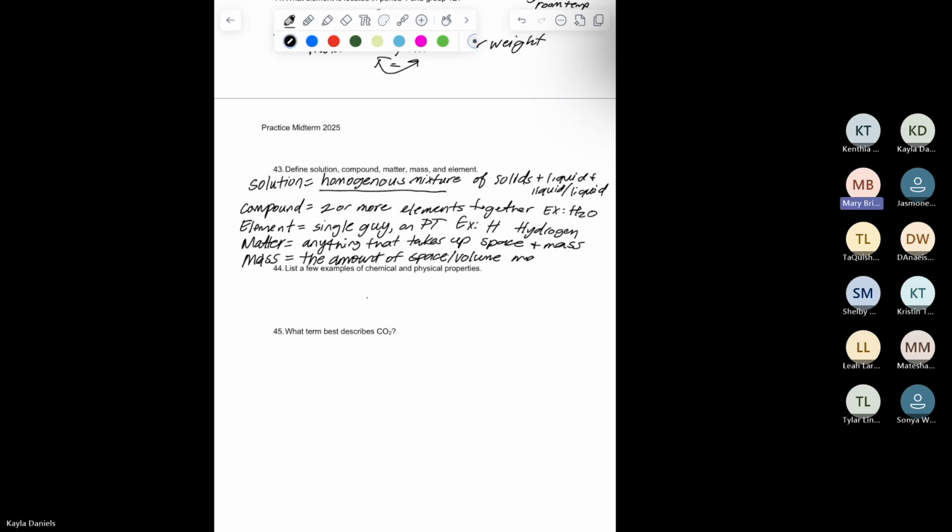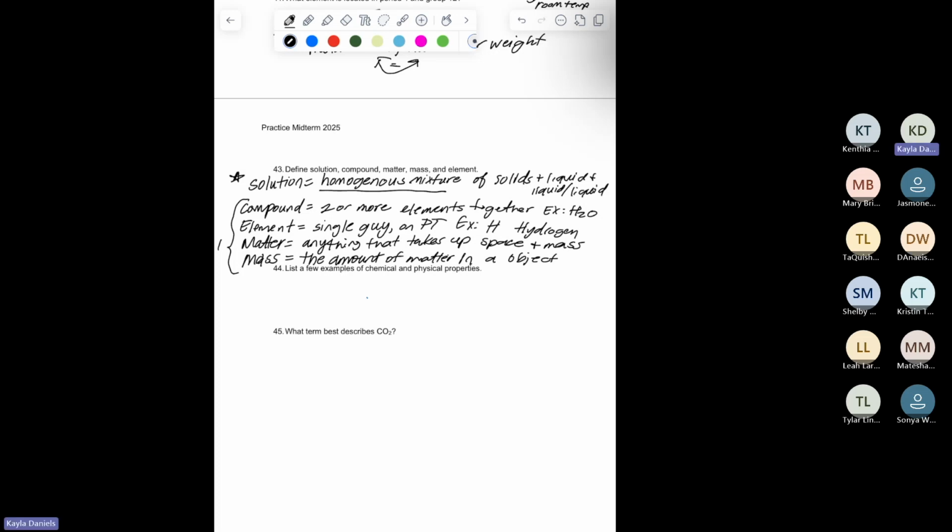A measurement of the amount of matter in an object is the actual amount of matter. Perfect, thank you. So I think technically this is the only one that's a test question where you have to identify the definition. But these are words that I just wanted to review because they're on the test at some point. I just want to make sure we know them.